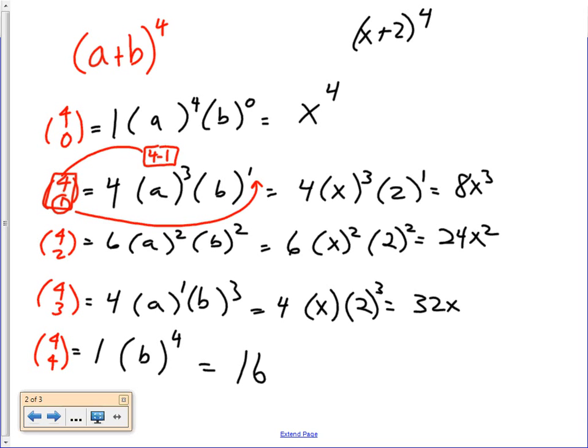So, final answer is x to the 4th plus 8x cubed plus 24x squared plus 32x plus 16. We got that? We got the yuckies with that, or we like it?